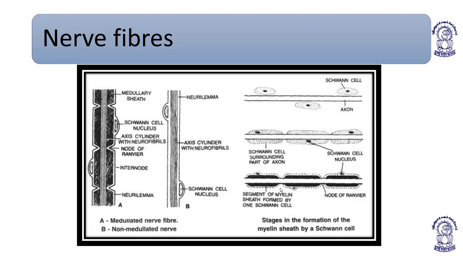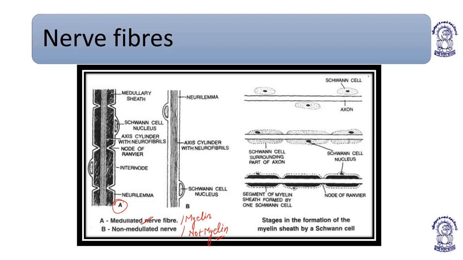This is a typical nerve fiber. A is the medullated nerve fiber having a myelin sheath, and the non-medullated nerve fiber does not have a myelin sheath. Understood?